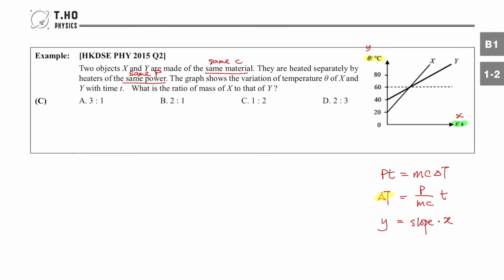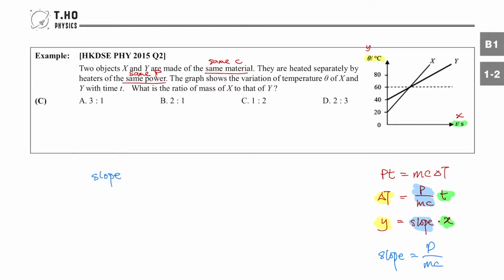Now we have temperature put at y, time t put at x. So the thing in the middle would be the slope. We can write down that slope is found by P over mc.